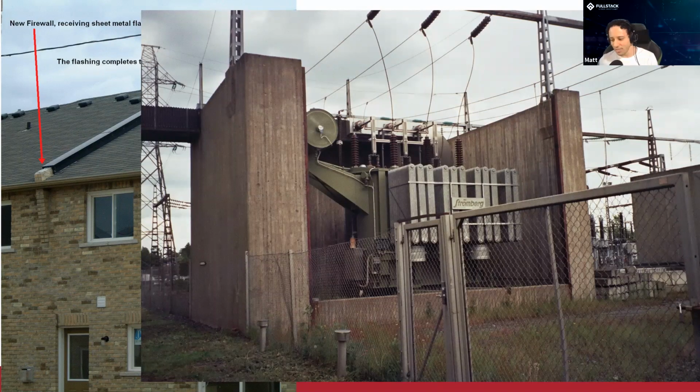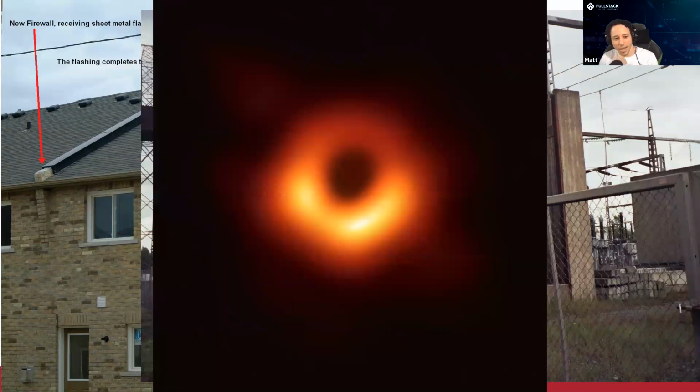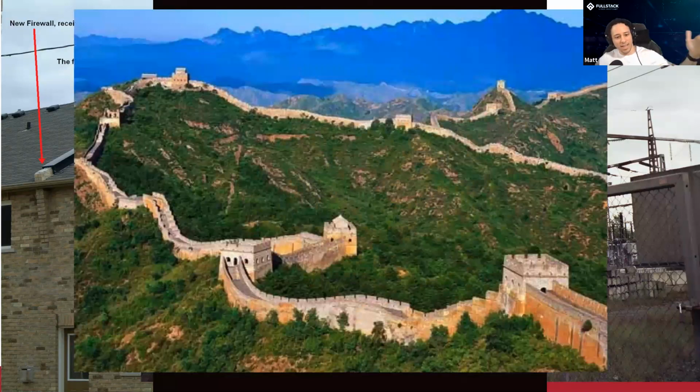It's to prevent things from getting from one side to the other. Here, another firewall: the Great Wall of China. I would say this is probably the best analog to a firewall. You've probably also heard of the Great Firewall of China. That is because China is well known to have essentially a giant firewall around all of the traffic that goes in and out of the country. They're well known for blocking or limiting data that goes inside or outside of the country.